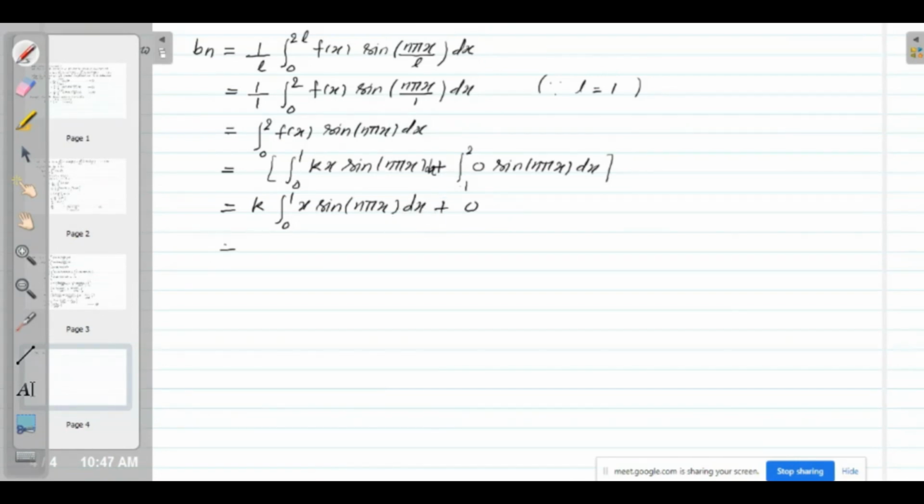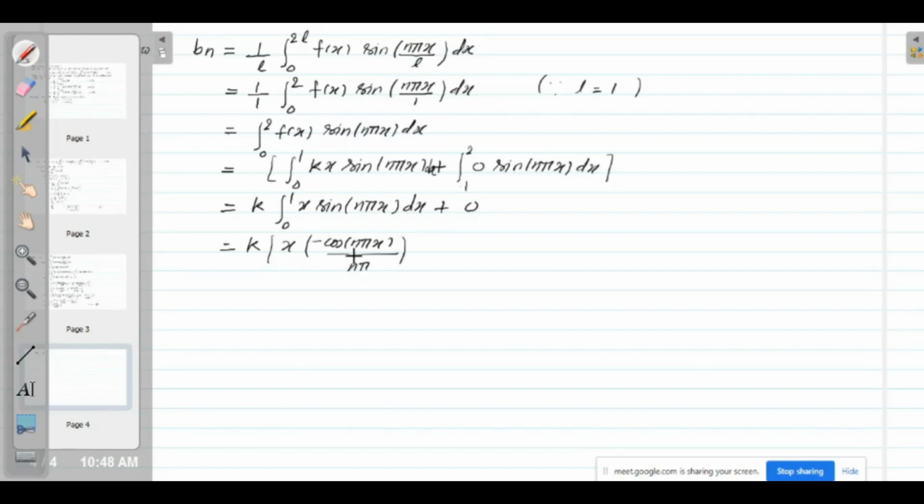Now integrate this, k is constant, and apply u and v. This is u, this is v. Integration of sine is minus cos n pi x divided by its coefficient. What is the coefficient? n pi.